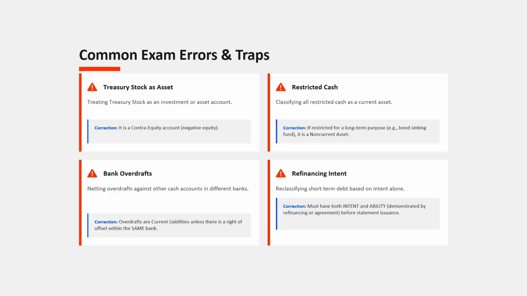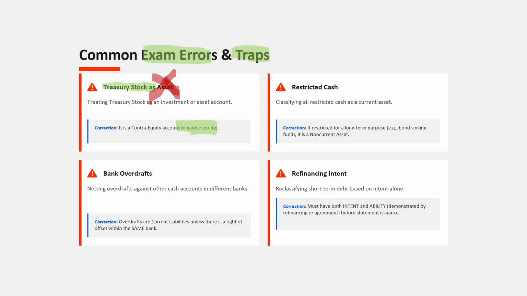Now, let's go over the common exam errors and the traps. The first one is the treasury stock. It is not an asset. It is a contra equity account, a negative equity account. If you see a treasury stock, think about it, it goes to contra equity.